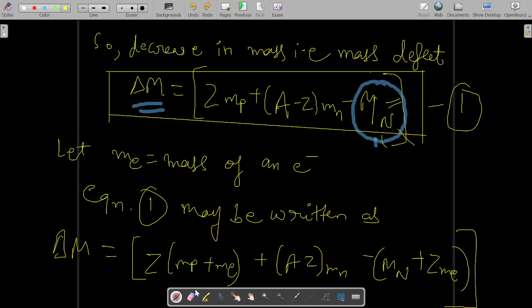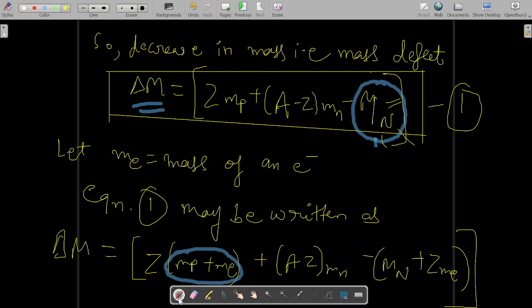But the benefit of this equation is that you can see clearly that this is the mass of a 1H1 atom, not nucleus. Mp plus Me is the mass of a 1H1 atom, because in a 1H1 atom one proton is there in the center and one electron is there in the orbit.